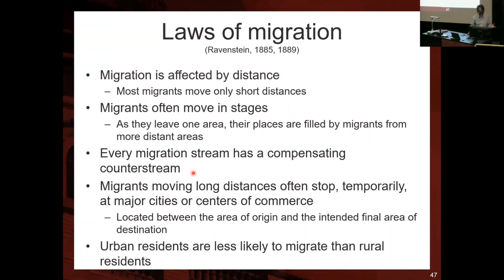A clear example of stream and counter stream of migration flows, in the international migration case, is between the US and Mexico. Most of the migration used to be from Mexico to the US, but exactly because you created these links of people and families from Mexico coming here to the US, you start to see the opposite way also.